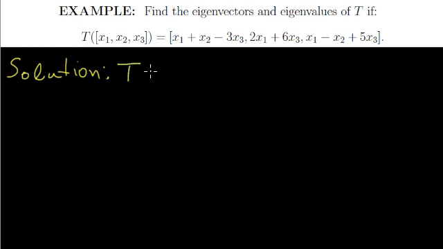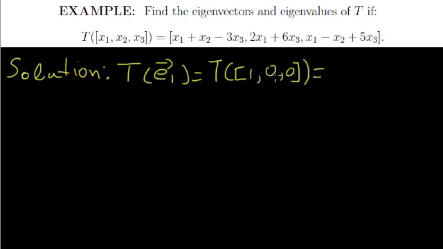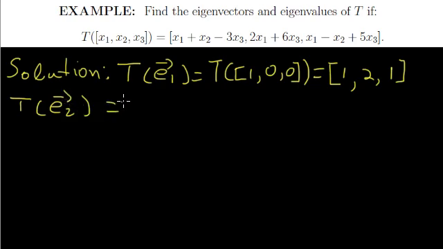So we need to find T of E1, that is the image of 1, 0, 0. So x1 is 1 and x2 and x3 are 0. That image is 1, 2, 1. We also need to find T of E2, the image under T of the vector 0, 1, 0.